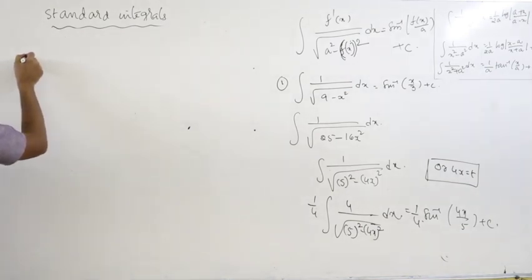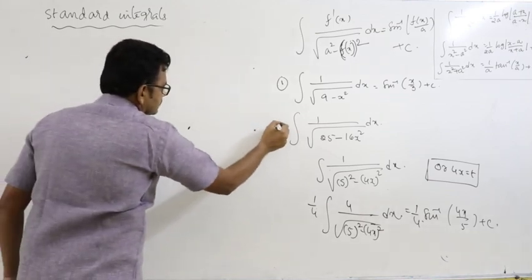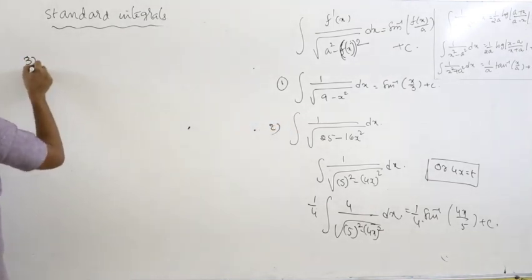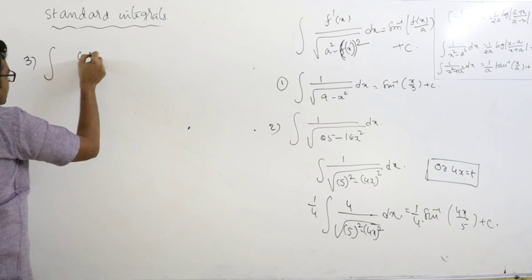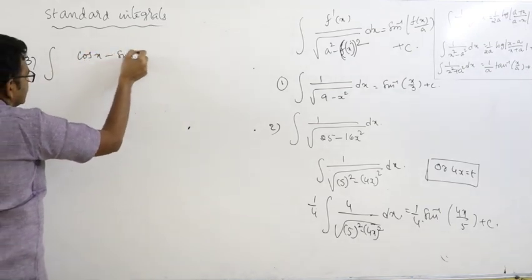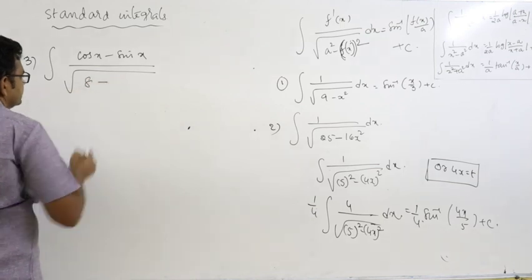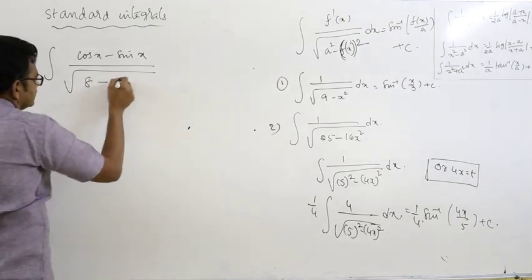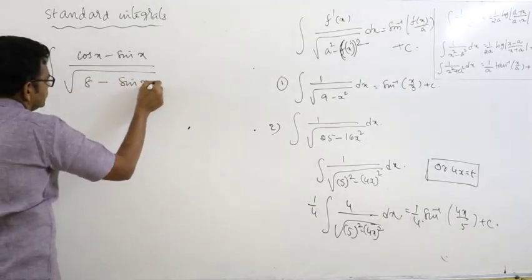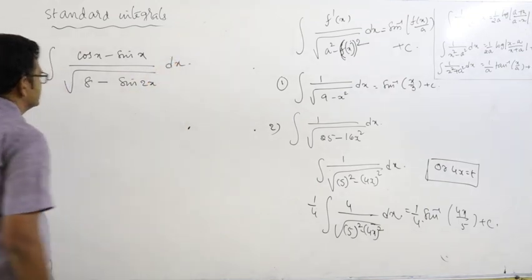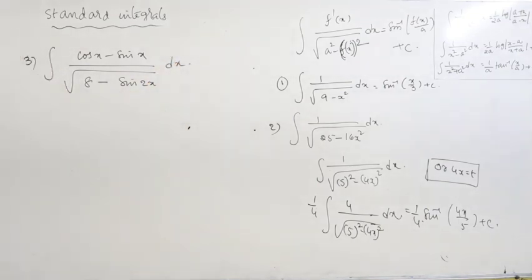Example: integral of cos x minus sin x by root of 8 minus sin 2x dx.